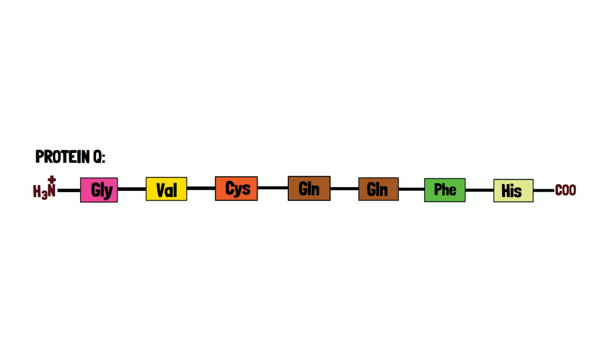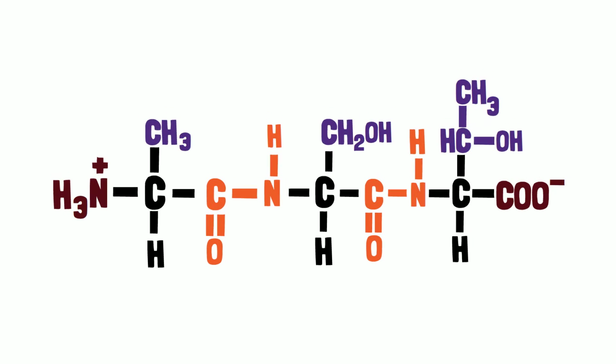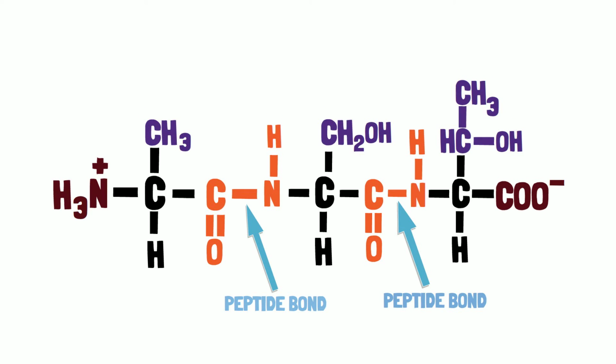Something like this. As you can see, this is the sequence of amino acids in this protein, and so it is its primary structure. Now we know already that amino acids are linked to each other through a type of covalent bond called peptide bond.